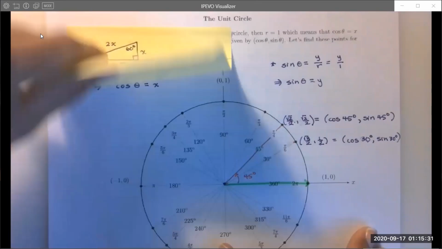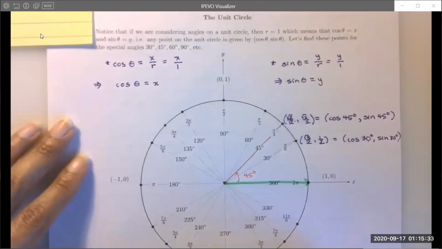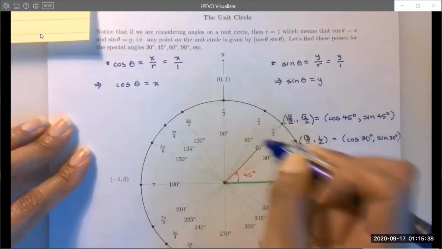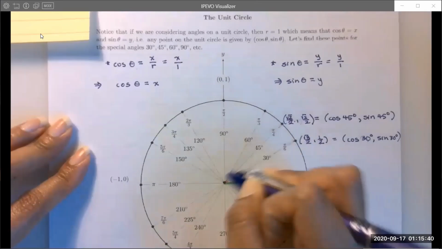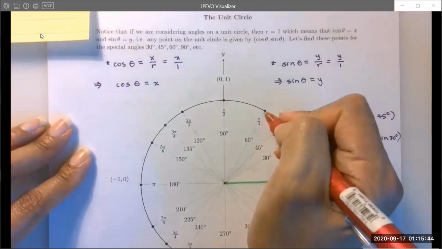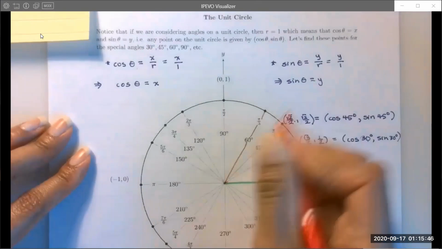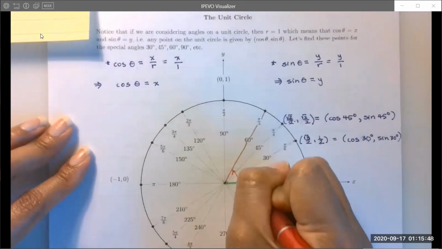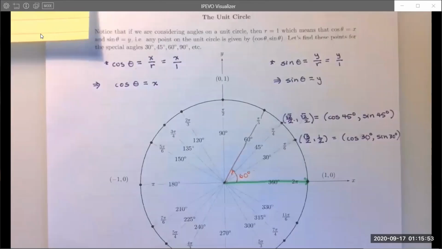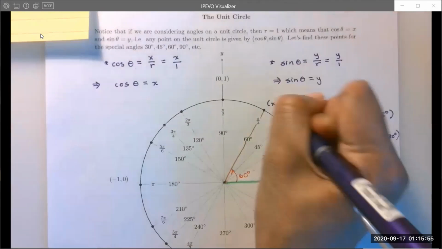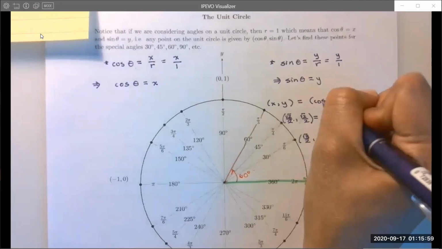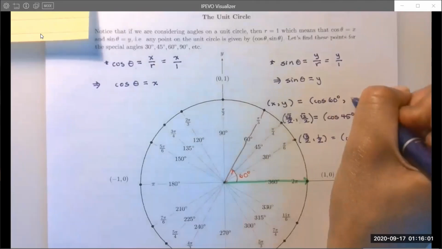All right, and then we'll take a look at 60 now. So we'll erase this terminal side because now we want to look at an angle that measures 60. Meaning we're going to make it all the way to this terminal side. And again, this point, which at the moment we don't know what it is, x comma y, will be the same as cosine of 60 degrees, sine of 60 degrees.